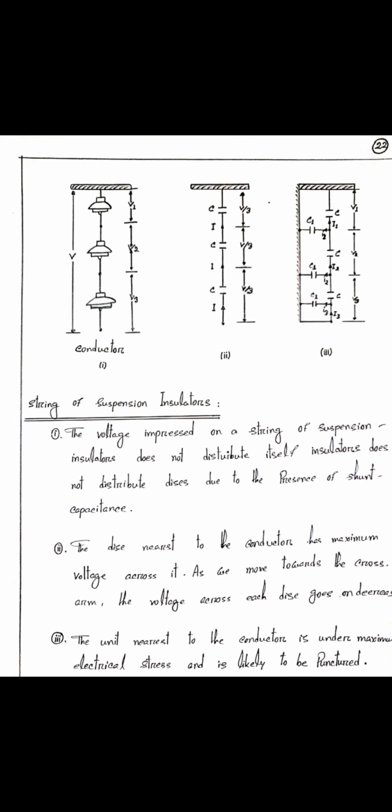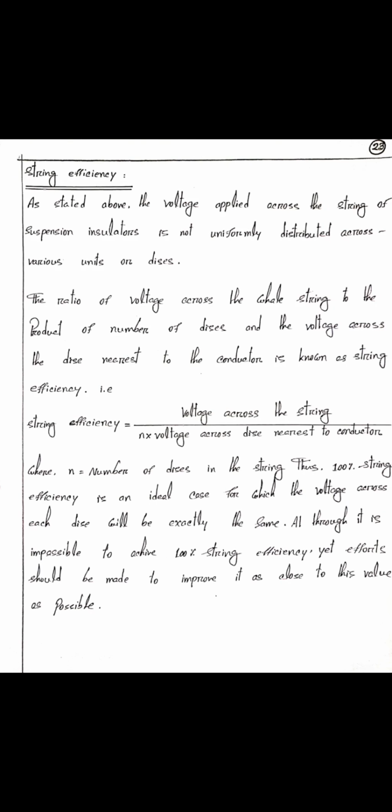The voltage applied across the string of suspension insulator does not distribute uniformly across individual units due to the presence of shunt capacitors. String efficiency: voltage across the string divided by N times voltage across the disc nearest to the conductor.